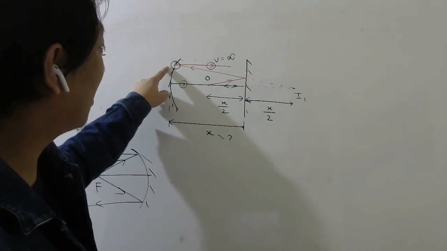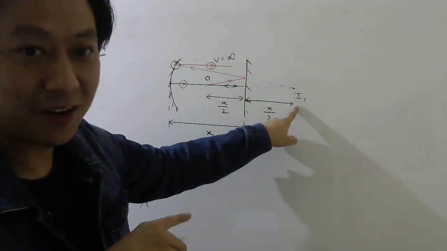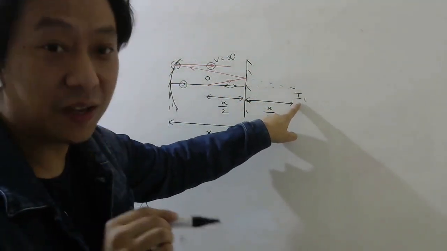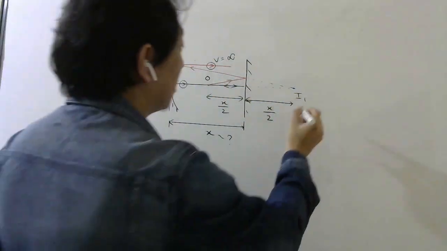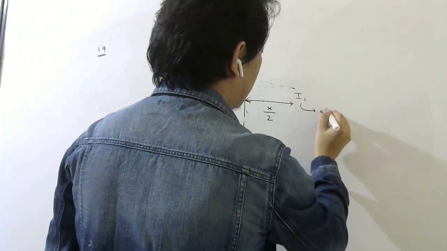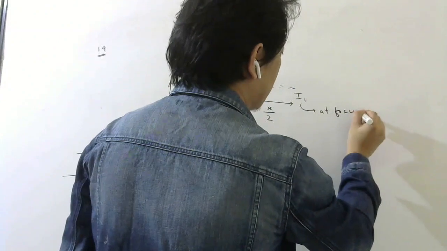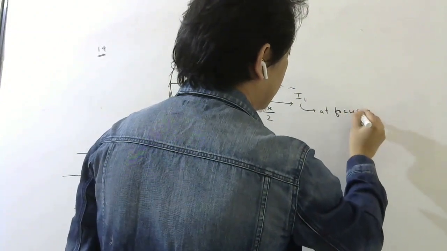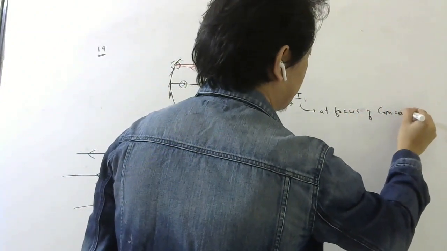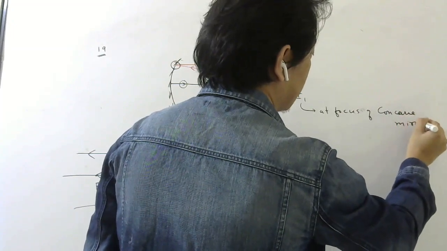That means for this reflection, who will play the role of object? The image made by the first one. So that must be at the focus of the concave mirror. Right?